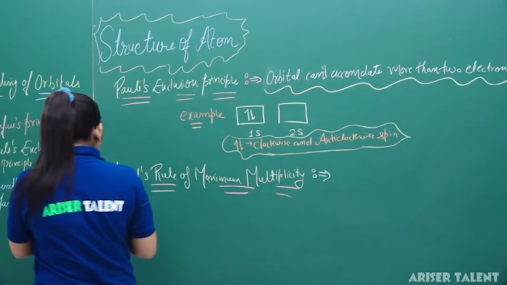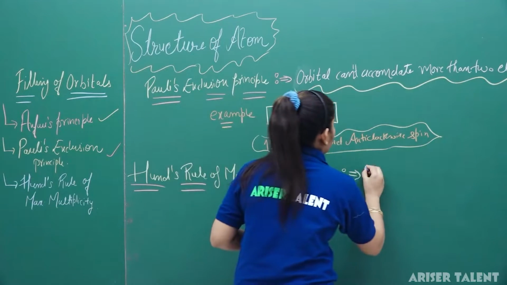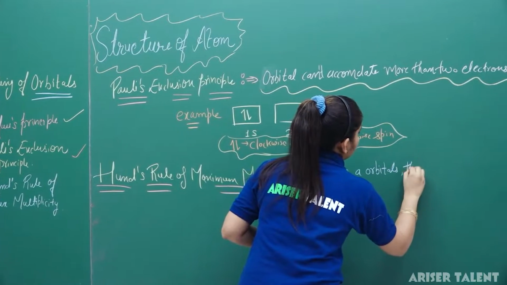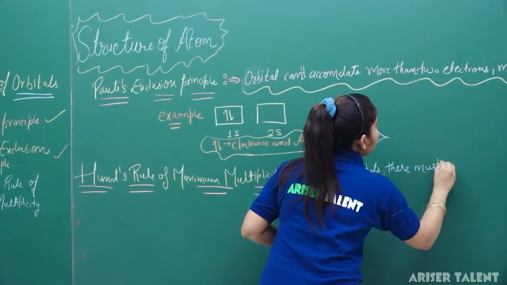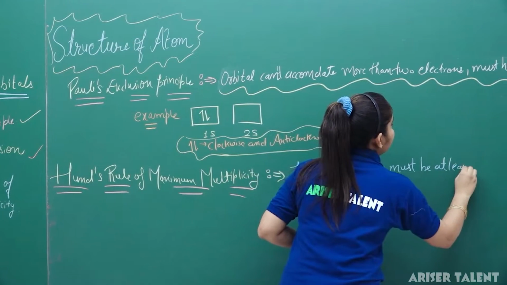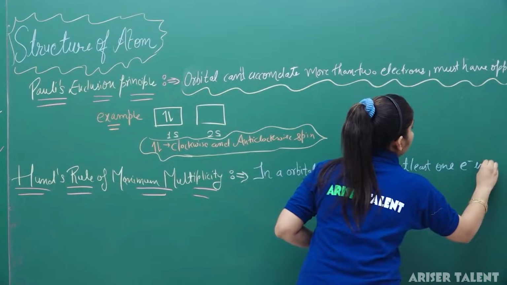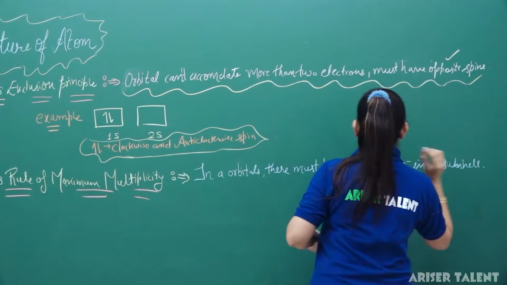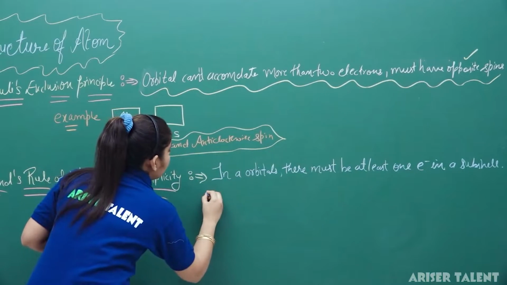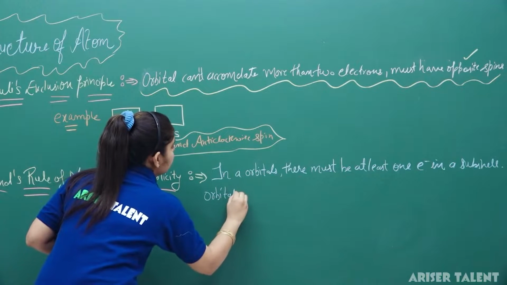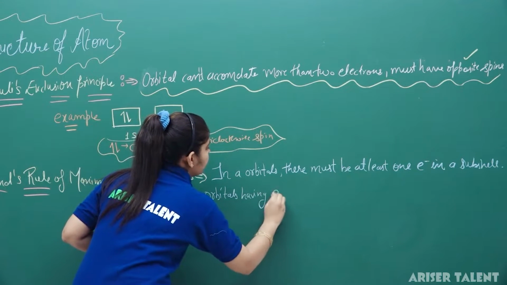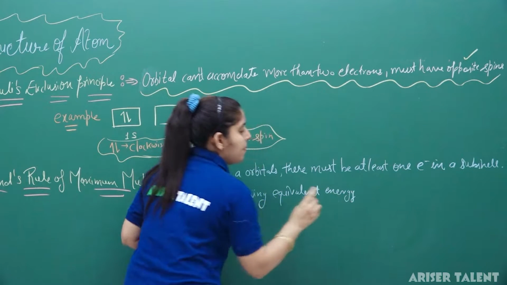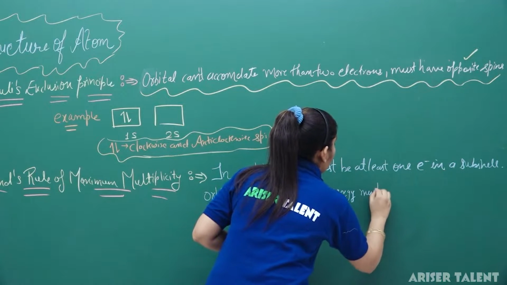So what is the statement for Hund's rule of maximum multiplicity? In a subshell, there must be at least one electron in each orbital, and orbitals having equivalent energy must have parallel spins.